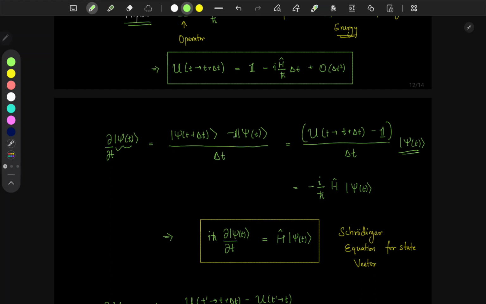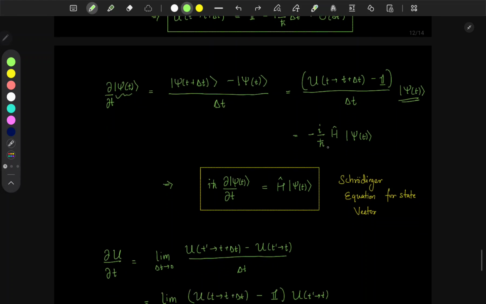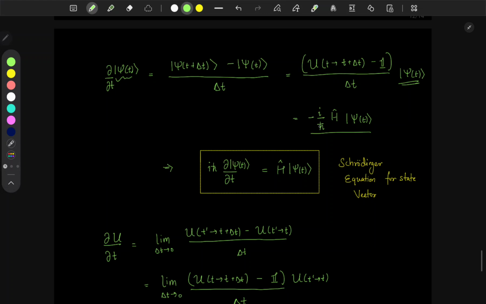You substitute the first order form here and take the limit, and you get minus i over h bar, the Hamiltonian operator acting on psi of t. If you take the h bar and i to the right hand side, you get this equation.